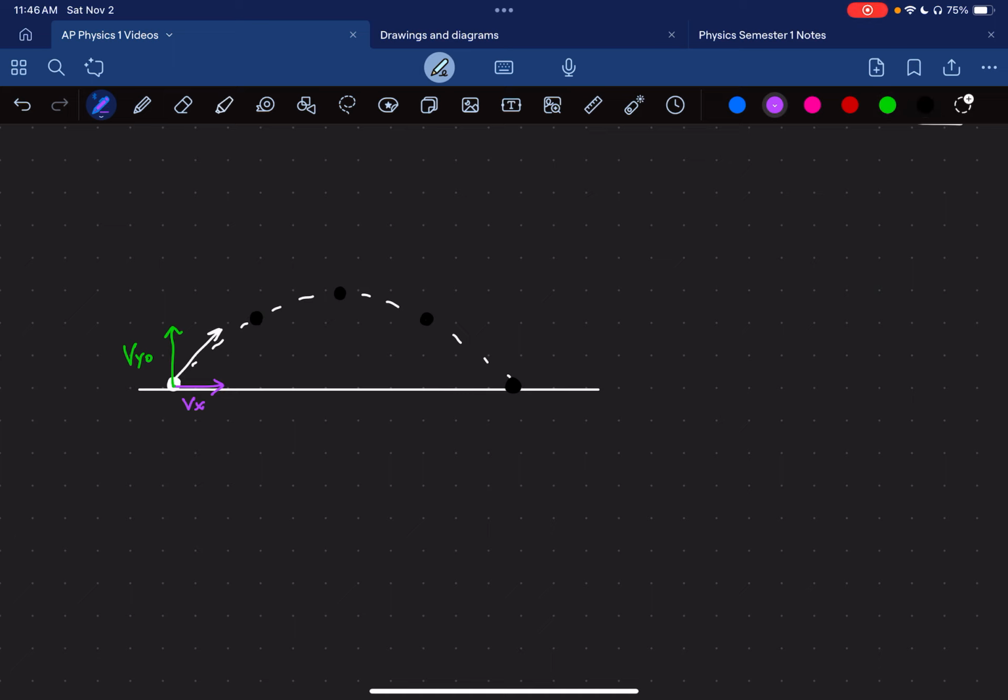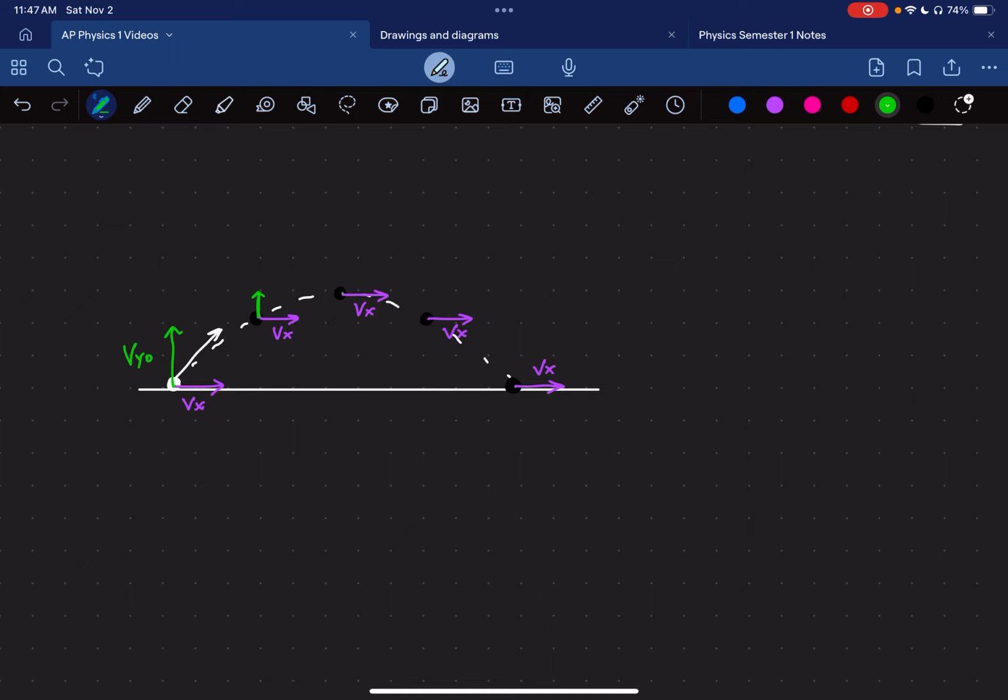Vx never changes, so the length of this component always stays the same. These are all Vx, unchanging. But Vy changes. Vertically, it will be losing speed, so maybe it'll be about here.